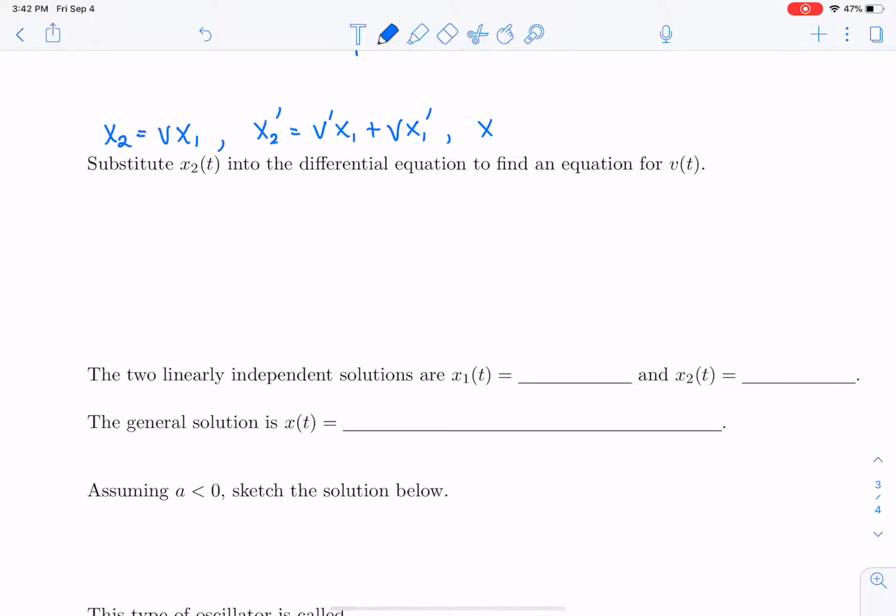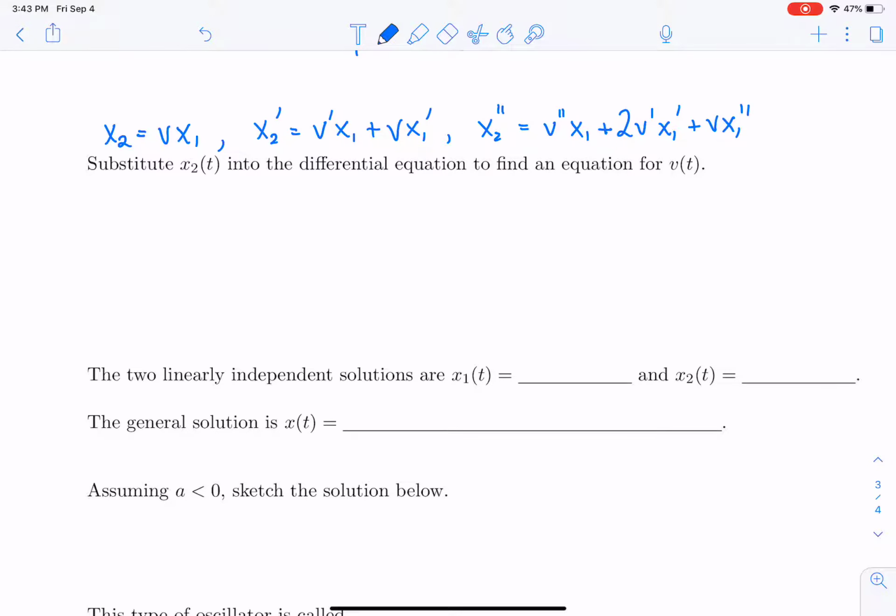And then x2 double prime, the second derivative, I'm going to take the derivative of the derivative, is going to be v double prime x1 plus v prime x1 prime. And that's just coming from the first term. From the second term, I get another v prime x1 prime. And then finally, v x1 double prime. And now I'm going to plug that into my differential equation.